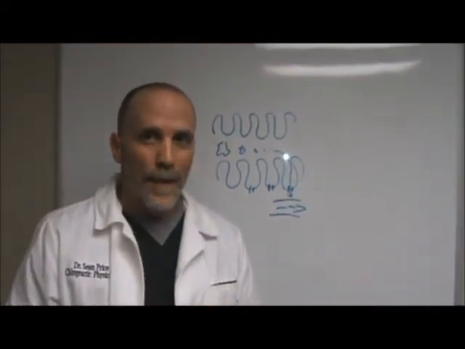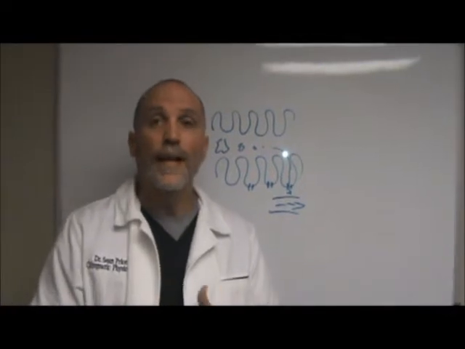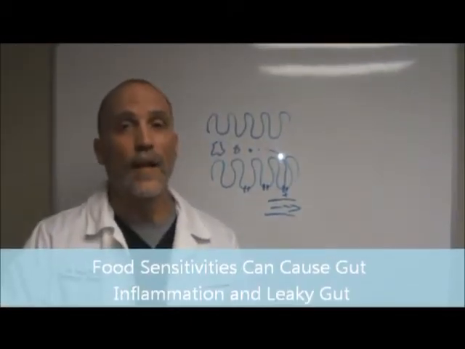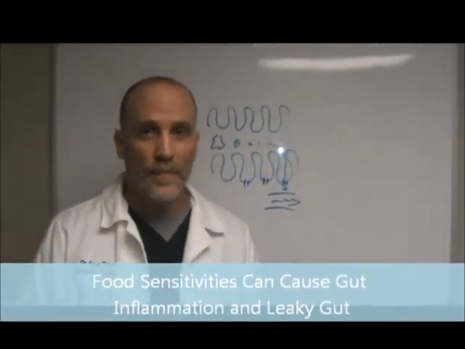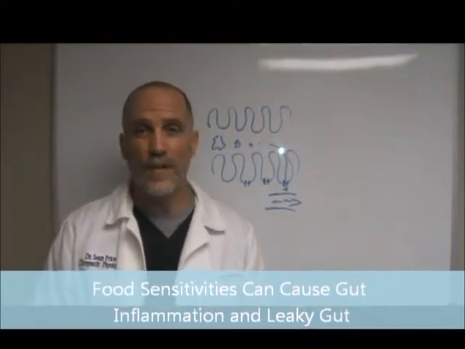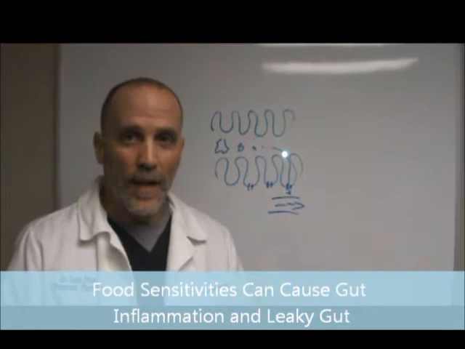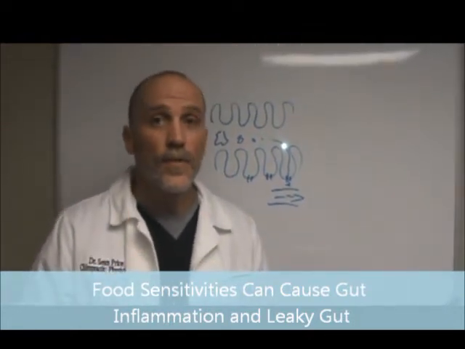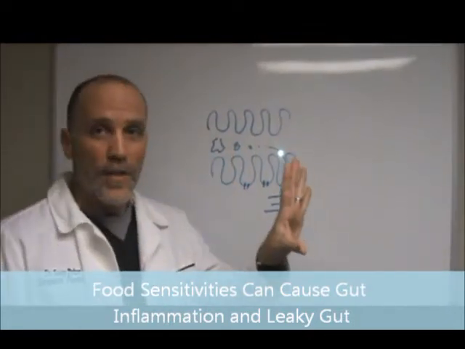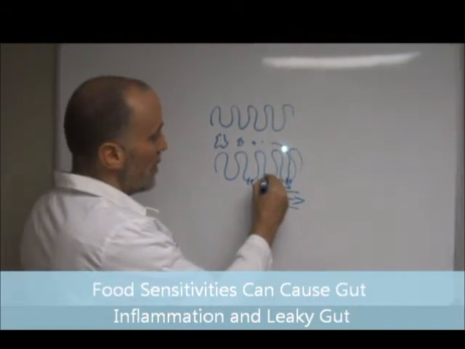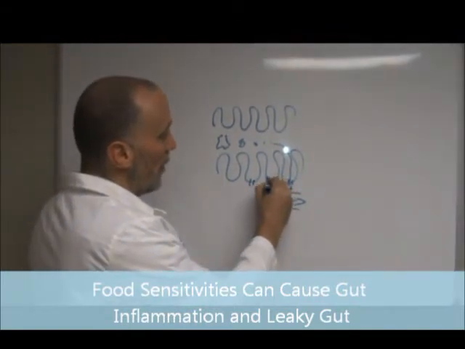But what will happen is, if you are eating a food that you're sensitive to, and you eat it chronically, or if you have some kind of chemical stressor or environmental stressor that causes inflammation in the gut lining, and this continues for too long, as that inflammation occurs, these junctions will open up, and they'll get bigger and bigger.